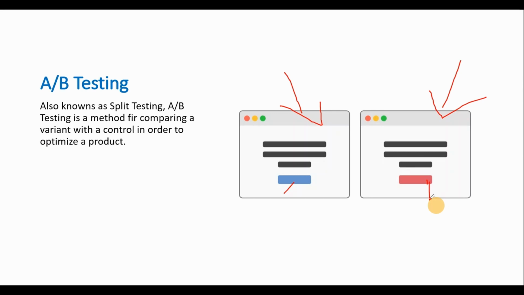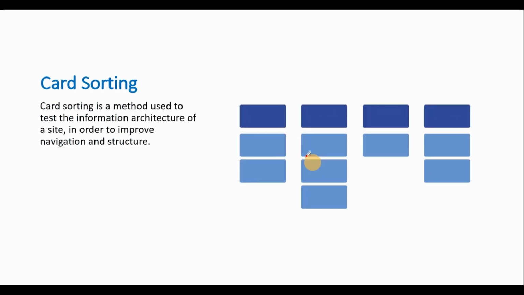This allows us to accurately pinpoint what caused a design to perform better than the other. For example, you could compare two designs, each with different colored buttons, as we have shown here, which allows us to attribute any performance changes directly to color alone. So that's it for A/B testing.